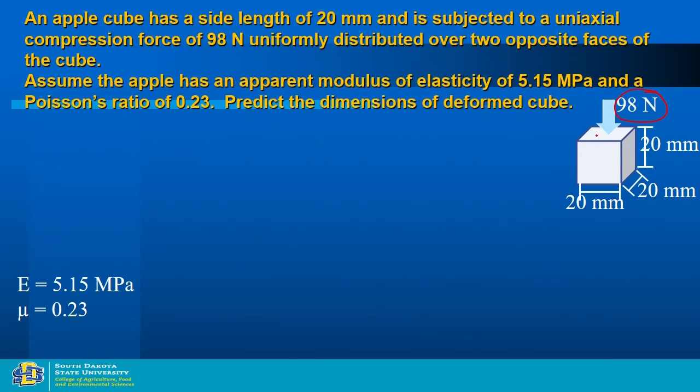You can calculate the strain so that you can predict the dimensions of the deformed cube. You assume apple has an apparent modulus of elasticity of 5.15 megapascal and a Poisson ratio of 0.23. Again, this is all a hypothetical case. So we want to predict the dimensions of the deformed cube.